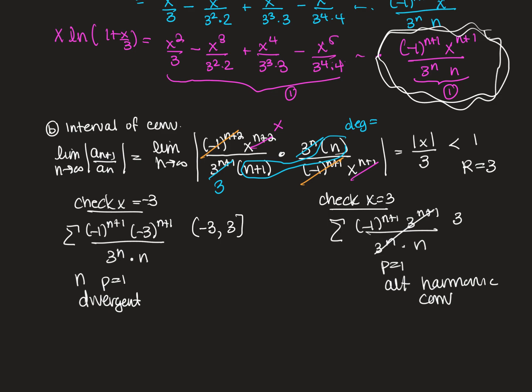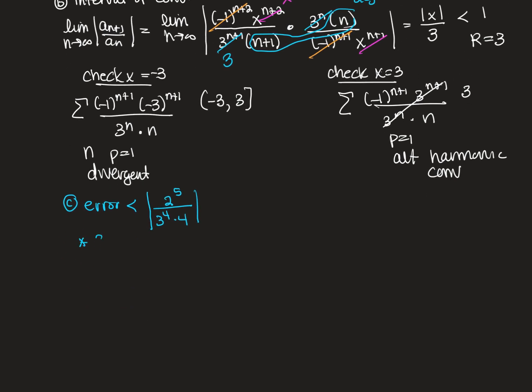So we can say for a convergent alternating series, the error is less than the first omitted term. We did degree 4, so we're looking at degree 5 for our error. So our error is going to be less than plugging in 2, so 2 to the 5th, 3 to the 4th times 4. Now remember, this is because for a convergent alternating series, the error is less than the first omitted term.